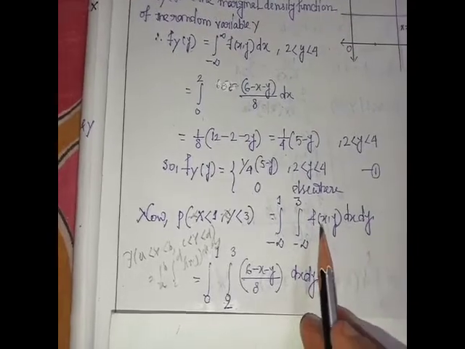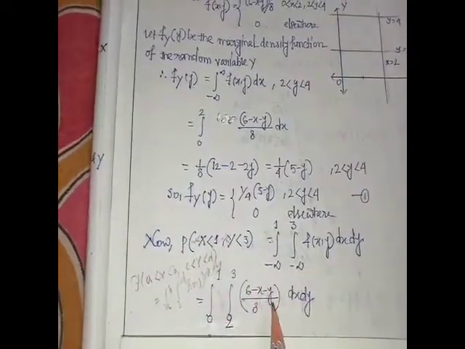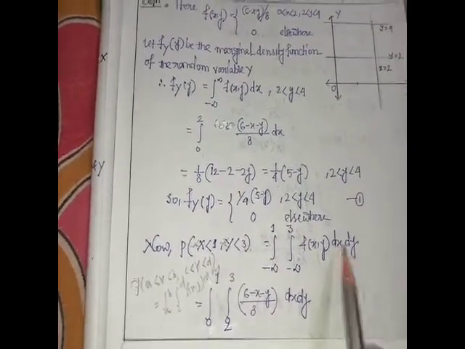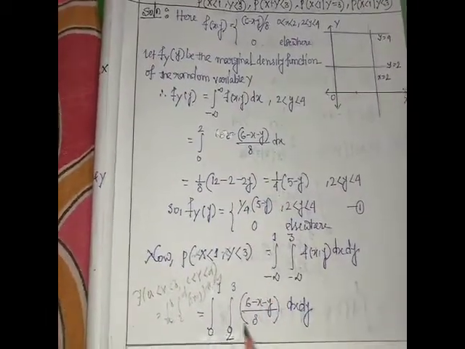The value of f(x,y) is (6 - x - y)/8, and the range of x is 0 to 2.